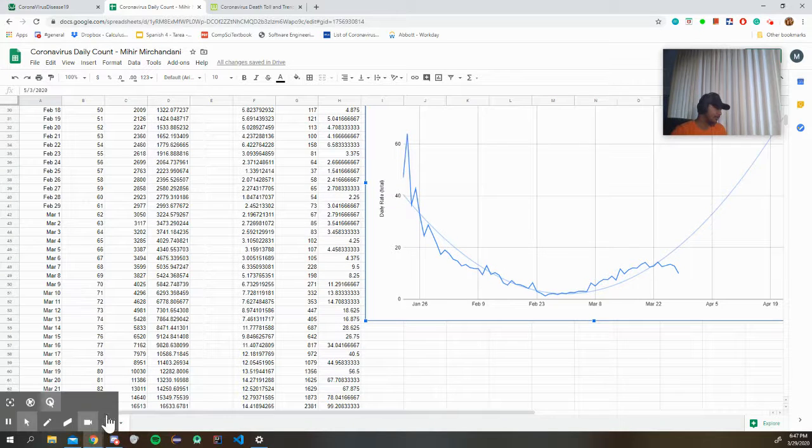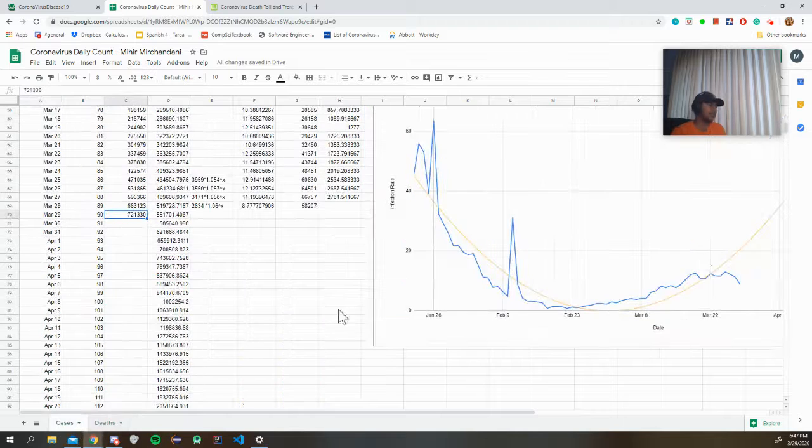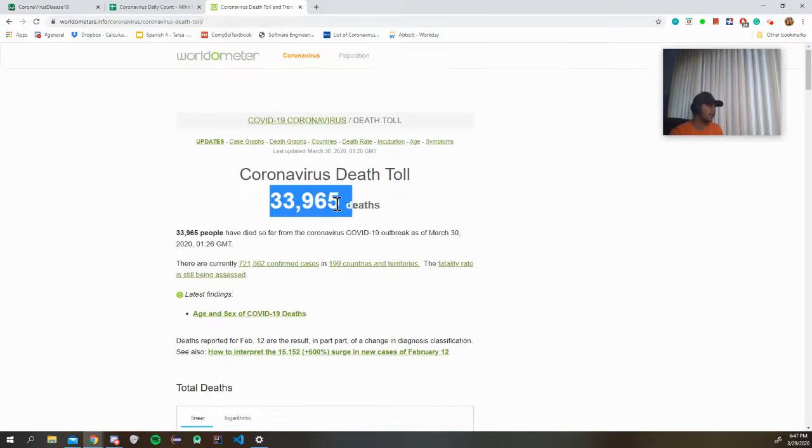But of course, this is a death toll, so I don't think you can revive people from the dead, so we're definitely not going to see negative numbers here, but we are going to see it heading towards 0. As with cases, hopefully we can bring that back down to 0, so that everyone is cured, everyone is recovered.